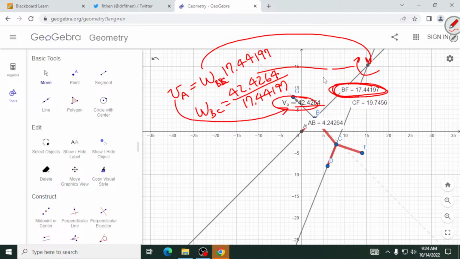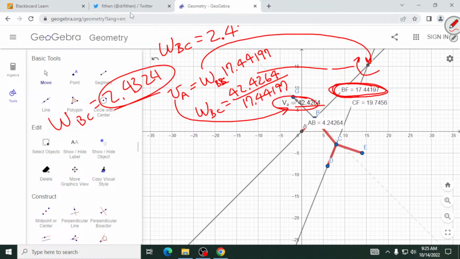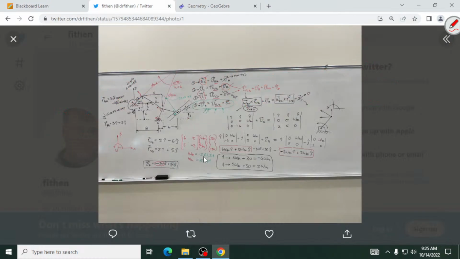Okay, give me a second. That's 42.4264 divided by 17.44197, which is equal to 2.43. So that means omega BC is equal to 2.4324. And what's interesting is if you look back here, 2.4324. So that's omega BC.